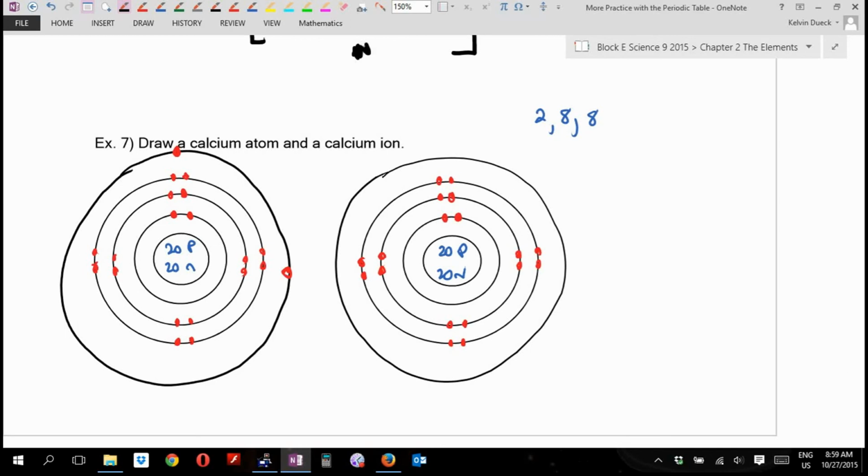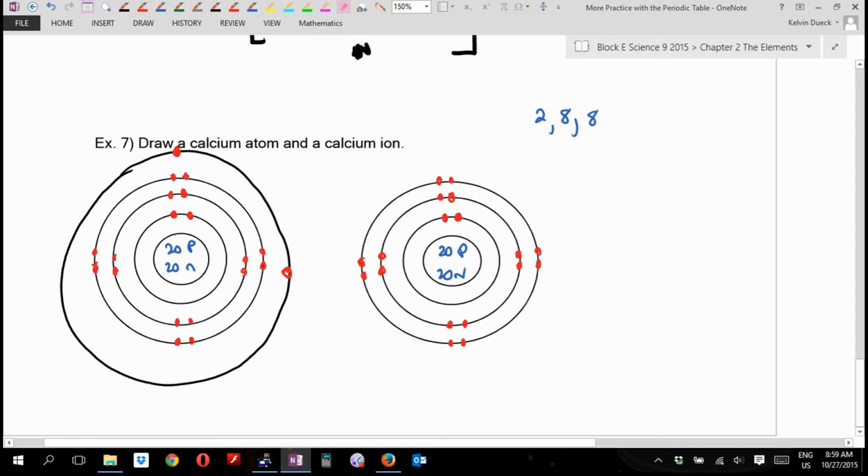Now, I drew a blank valence shell in. You can if you want to. Except right now, this looks like a typo, like a mistake. To show that it's an ion, to show that we did this on purpose, we put its ion charge, 2+.